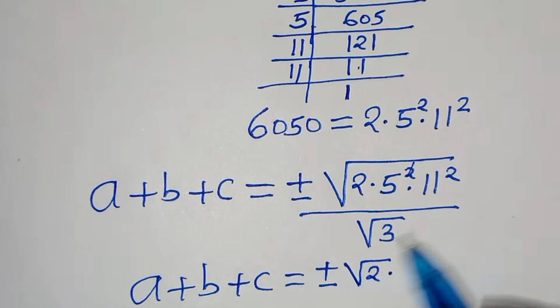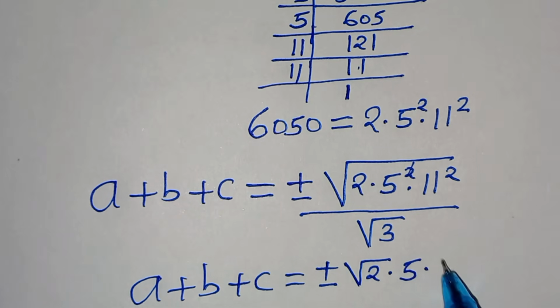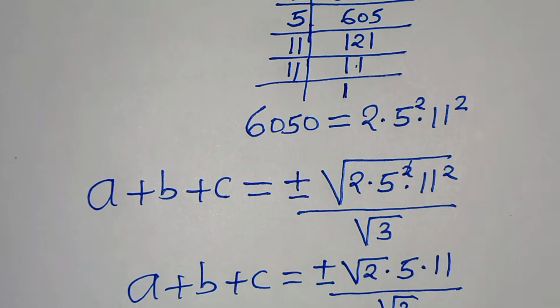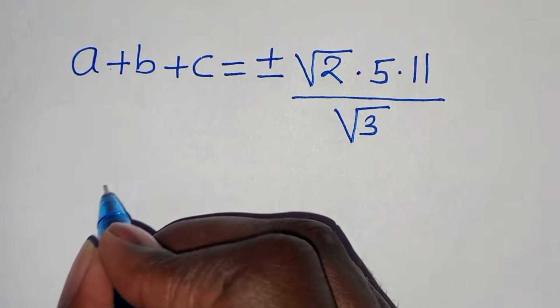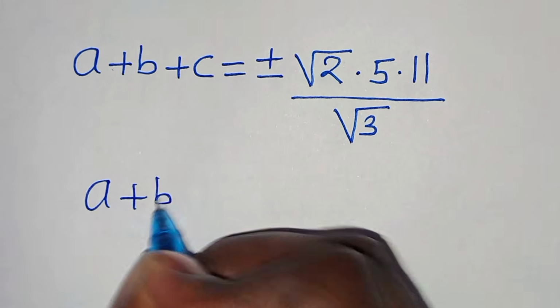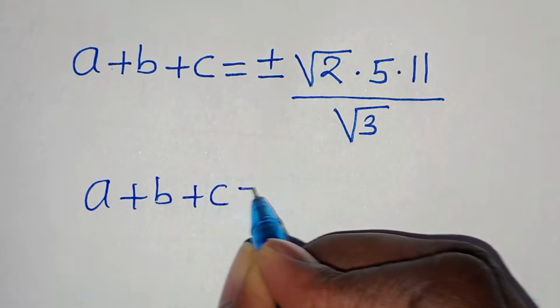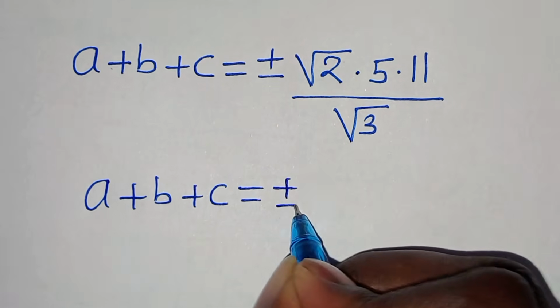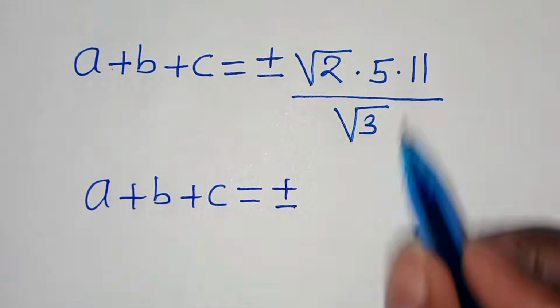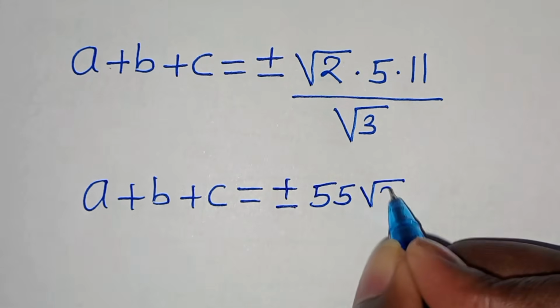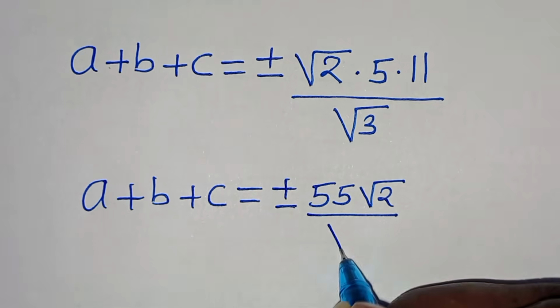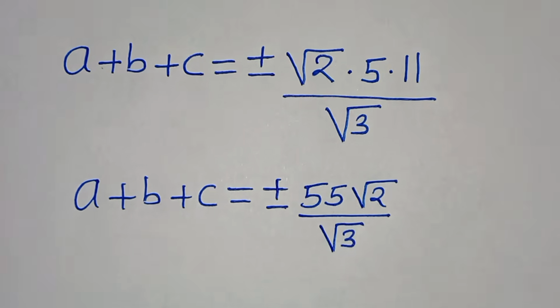If we eliminate the square root sign, this is 5 times 11 divided by square root of 3. Now, this implies we have a plus b plus c equal to plus or minus, now we have 5 times 11, this is 55 multiplied by square root of 2, then divided by square root of 3.